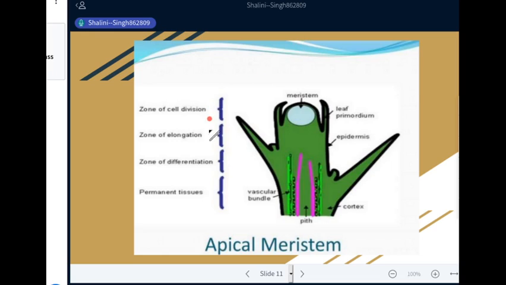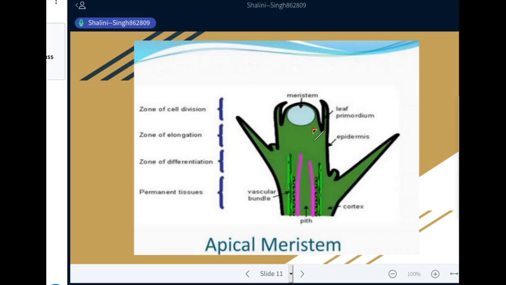The apical meristem has been divided into 4 zones. This is the permanent tissue zone, which has vascular bundle and pith, and cortex is also here. This is the zone of differentiation, the zone of elongation, and on the tip is the zone of cell division, where maximum cell division is happening, having the highest meristematic activity. It harbors the meristem tissues and leaf primordia.